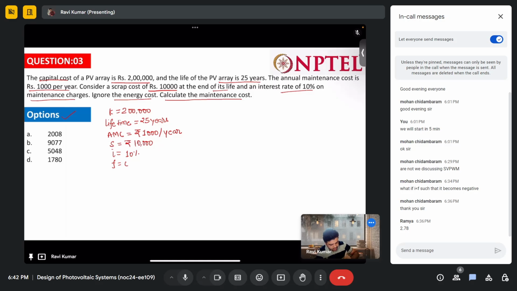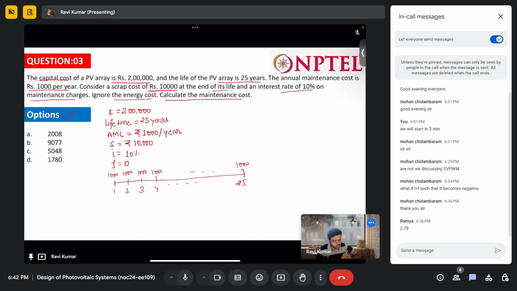So it is like this is the cycle 1, 2, 3, 4, ... 25. So we are putting 1000 rupees here, here, here, here. So every year we are putting 1000 rupees. But there is an interest rate as well.